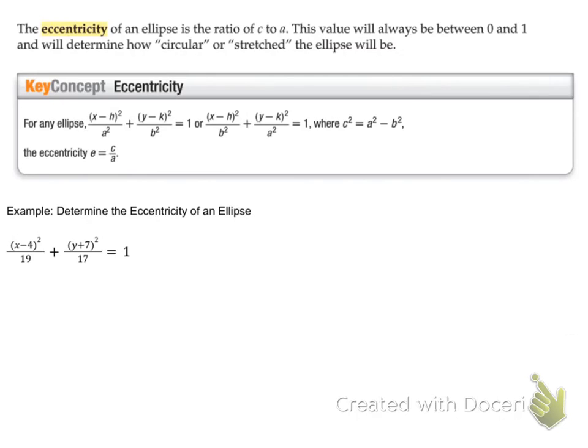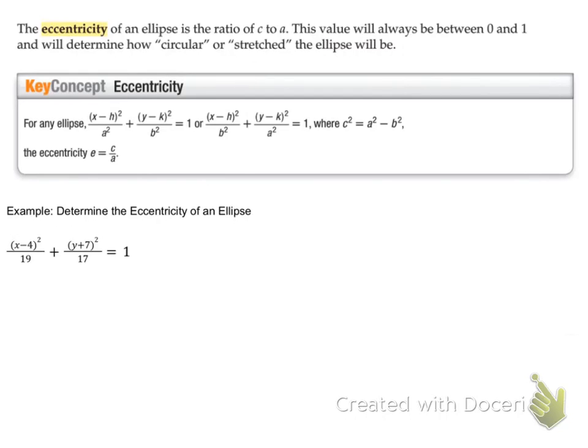Now, this E value has a ratio of C divided by A. It goes between 0, absolutely no ellipsoidishness to it, to 1, meaning, hey, this thing really looks like an ellipse. So, is it just more circular than it is more of an oval shape?